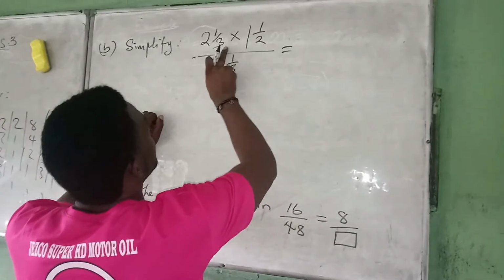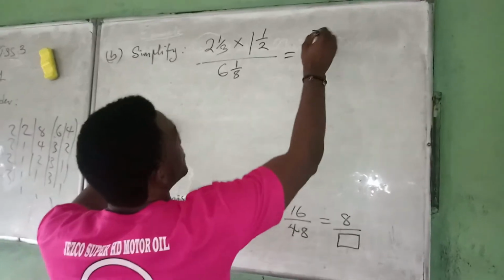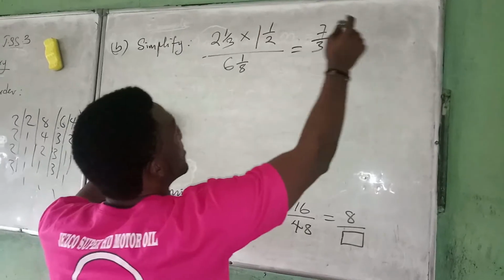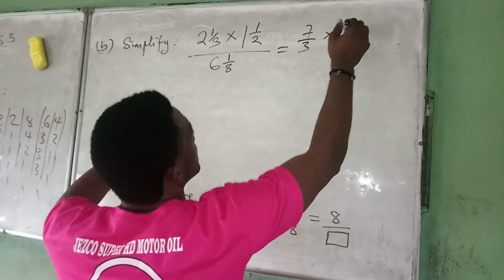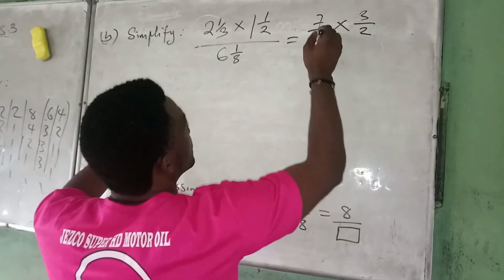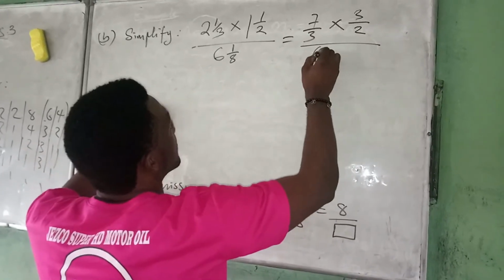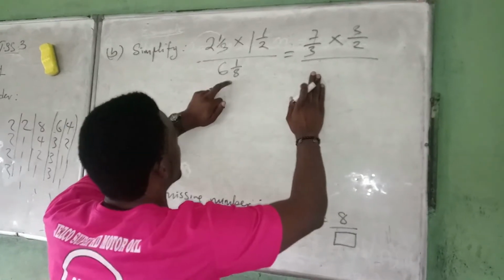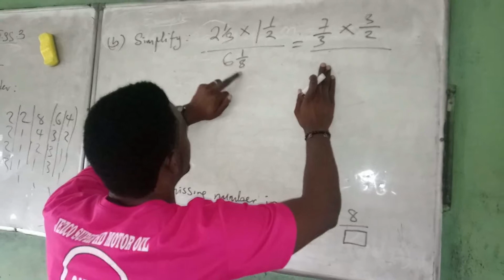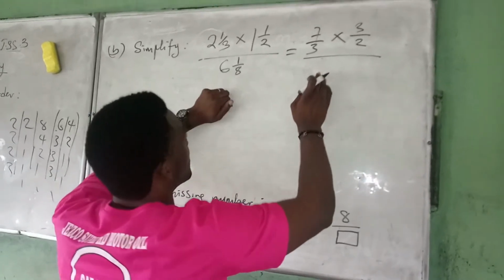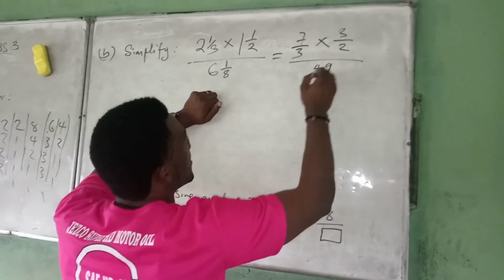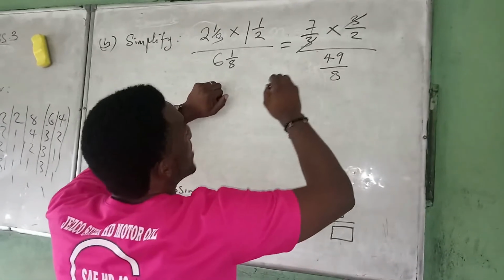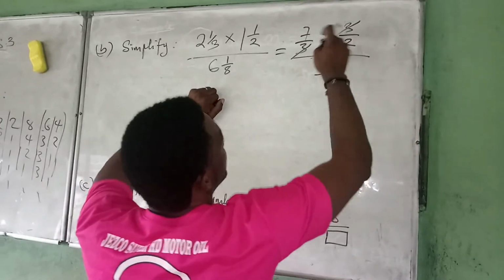So we have 2 times 3, 6 plus 1, 7 over 3, times 1 times 2 plus 1, 3 over 2. Of course you change this one also, but you don't solve it yet. So solve it sequentially. 6 times 8, we have 48 plus 1, 49 over 8. So 3 divided by 3, what we have now is 7 over 2.